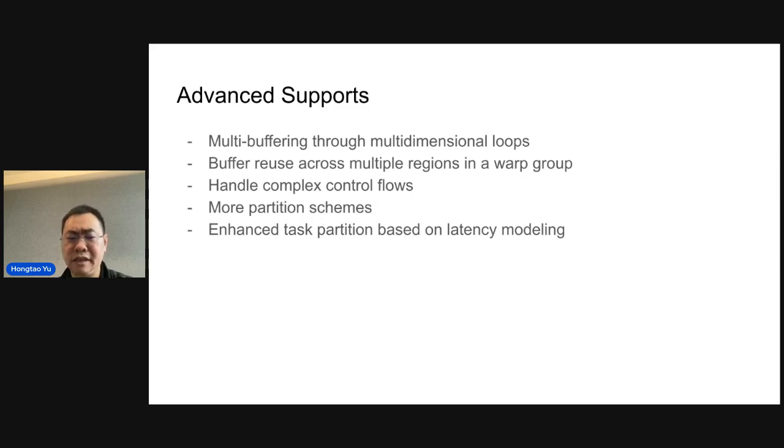We are seeing a need for additional partitions, like ping-pong partition at the loop level, if the epilogue of the loop is really long and you want to overlap it with the whole K loop, not just the last K loop iteration. There are also other partitioning modes needed on the new Blackwell platform. And our task partitioner is not really powerful these days, and we need to enhance it based on precise latency modeling.